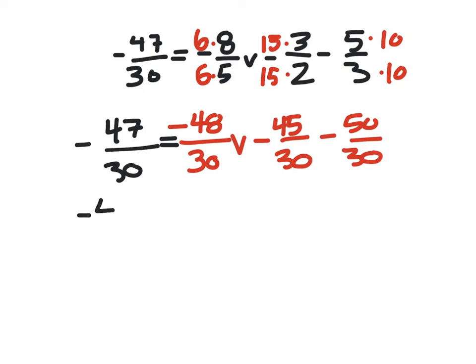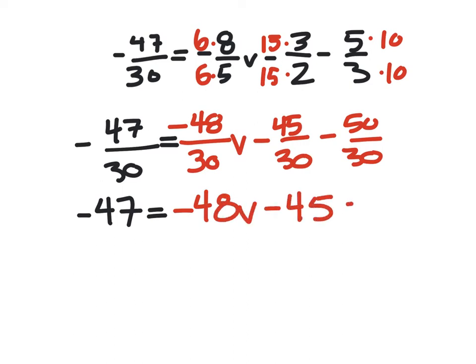So this is now going to be negative 47 equals negative 48v minus 45 minus 50.